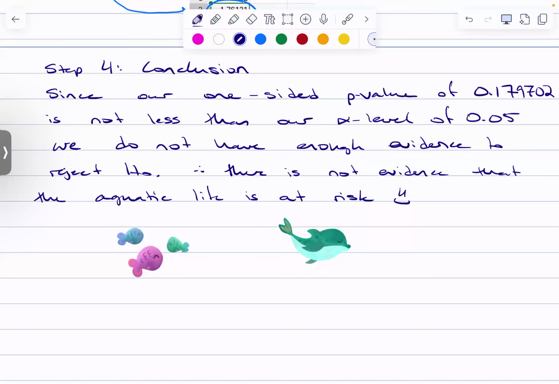So what is the dissolved oxygen level then? Not significantly less than 5. That's all we have been able to establish, and that's all we are able to establish with a hypothesis test. But if we actually want to know what some reasonable values are for the dissolved oxygen level, then we use a confidence interval.